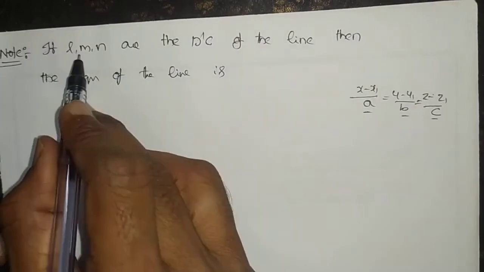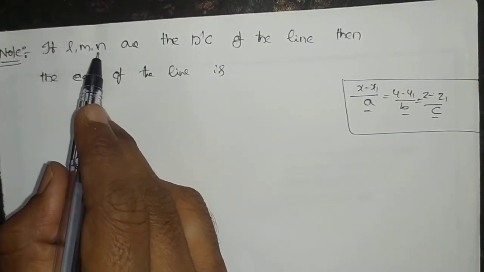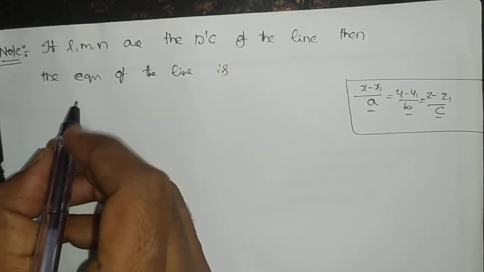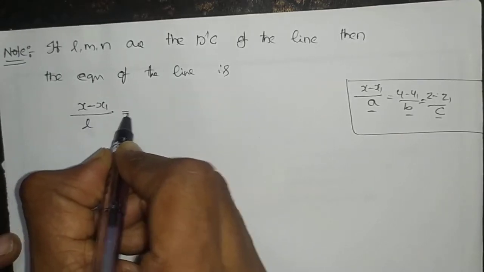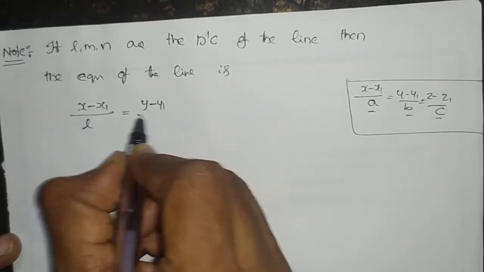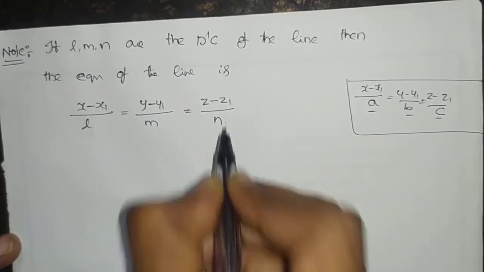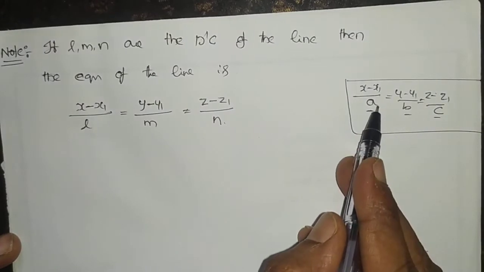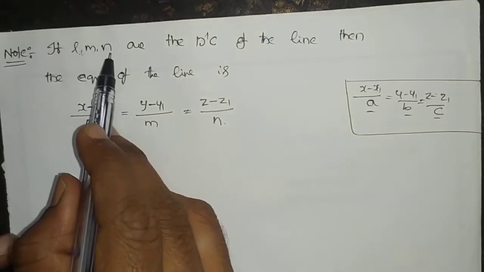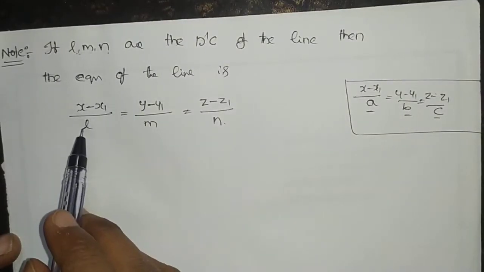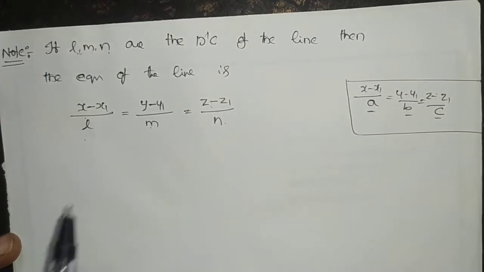If L, M, N are the direction cosines of the line, then the equation of the line will be (x minus x1) by L equals (y minus y1) by M equals (z minus z1) by N.